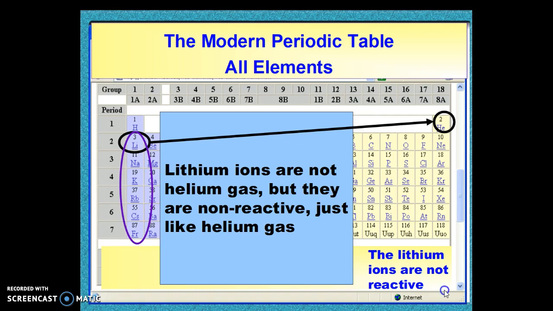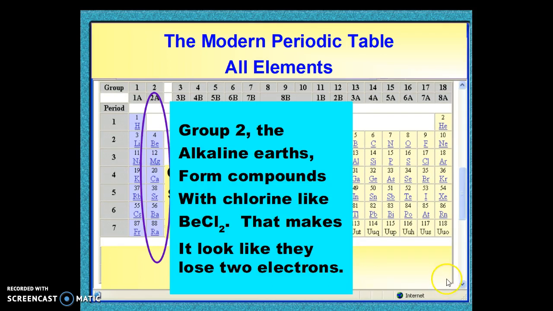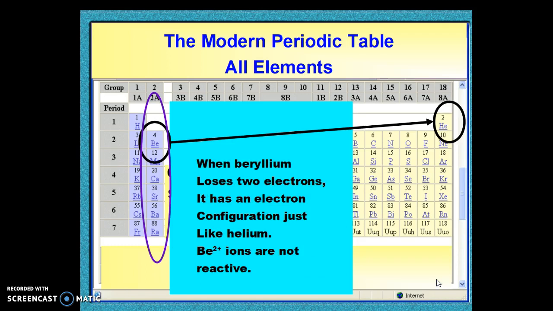They don't react. Group 2, right next door, is called the alkaline earths. They form compounds with chlorine like BeCl2, MgCl2. It appears that they lose 2 electrons. When these lose 2 electrons, if you see, beryllium ions look like helium, magnesium ions, Mg2+, look like neon.